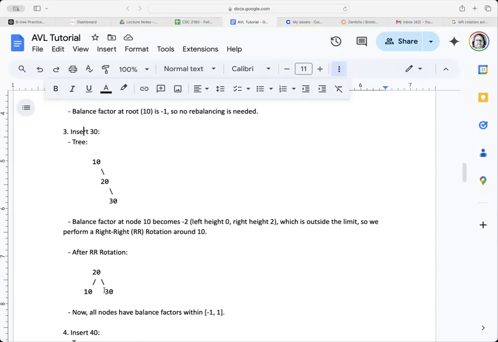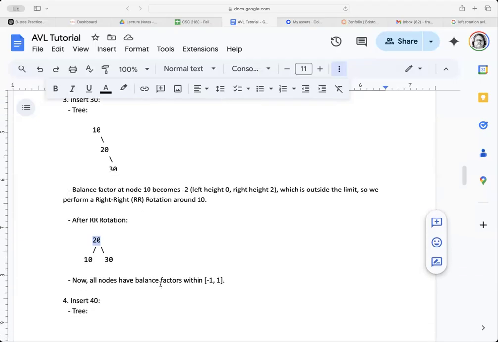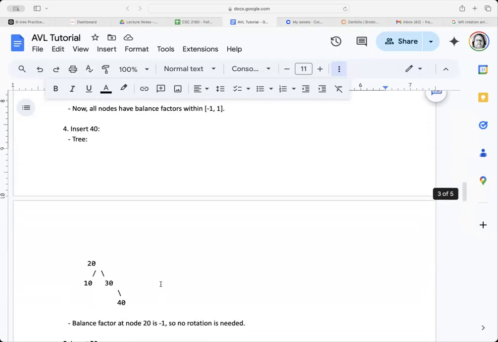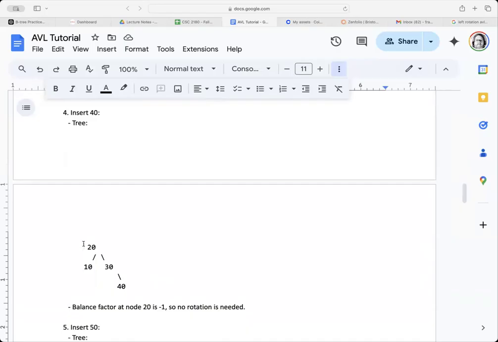Now 30 and 10 are leaf nodes, so their balance factor is 0. At 20, we have a 1 minus 1, or 0. So we're good. Now we go to insert 40. Again, we have the 20 on top now.